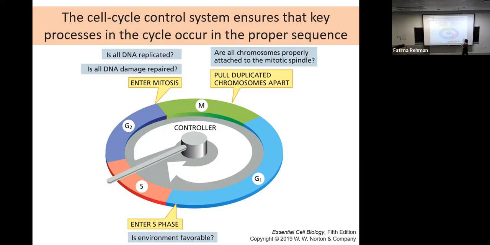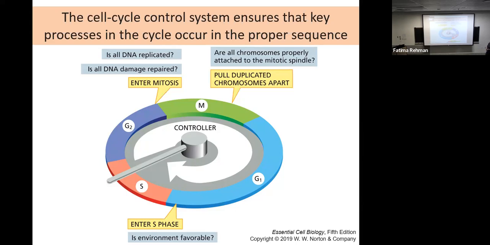And then once it enters mitosis, there's a third checkpoint. These are called checkpoints. So there are 3 checkpoints. One is the G1 to S transition. The second is the G2 to M transition. And the third one is during mitosis at the time of metaphase. It is going to check to make sure that all the chromosomes are properly aligned at the metaphase plate on the mitotic spindle and that they are going to be separated the way they need to be separated, equally.